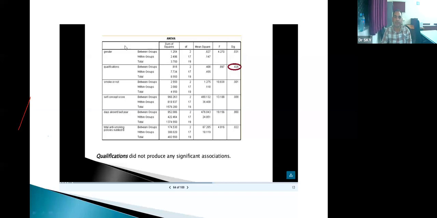So you can see which characteristic is significant or non-significant, which is not contributing in discrimination. You can see here qualification does not have a significant contribution. All are significant except qualification, because it has a p-value very much greater than 0.05.